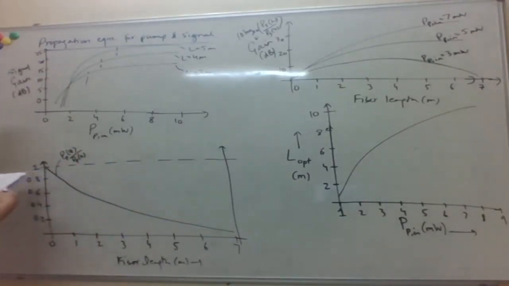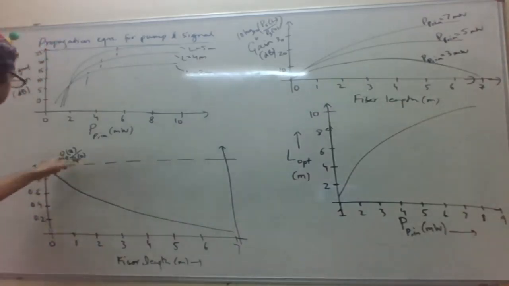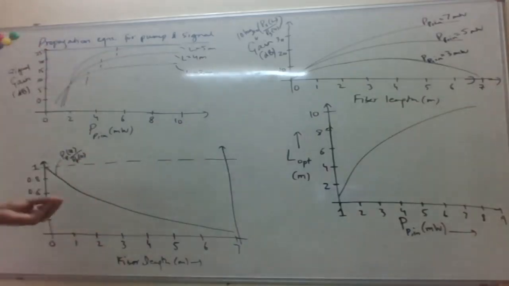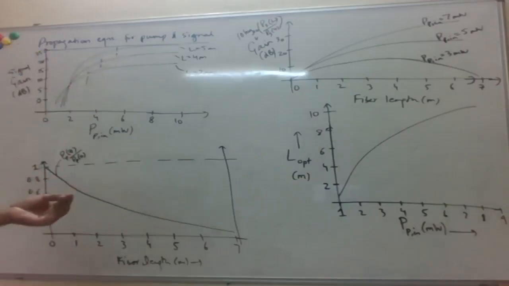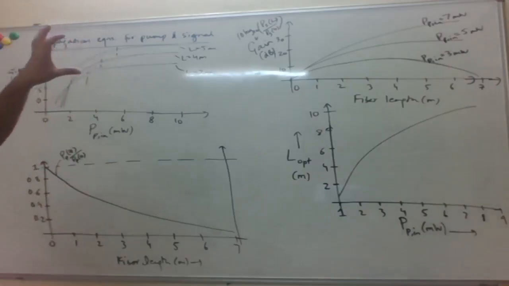Now if we look at the number of atoms in the excited state 2, N2. We know that it's the pump which is causing the population inversion. The pump is causing the atoms to go from 1 to 3 and they immediately decay to 2. So the higher the pump power, the larger the number of atoms in this second level.